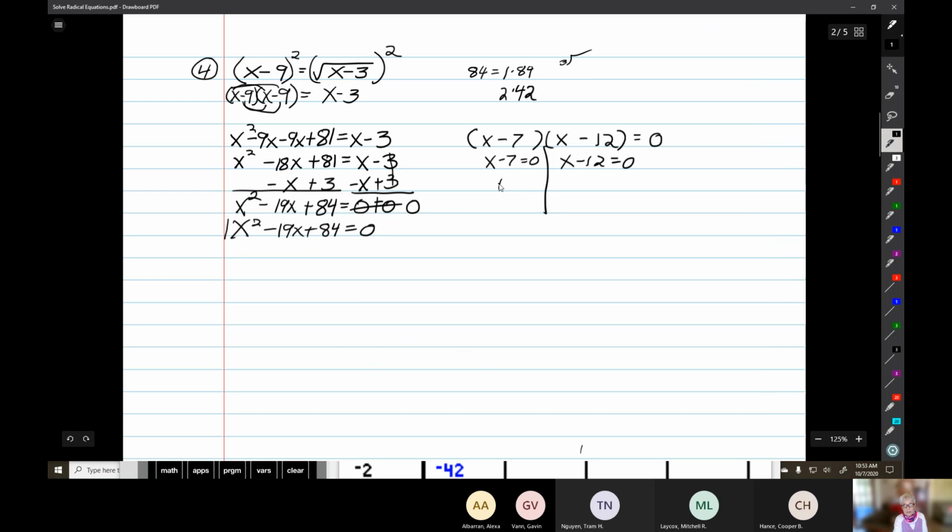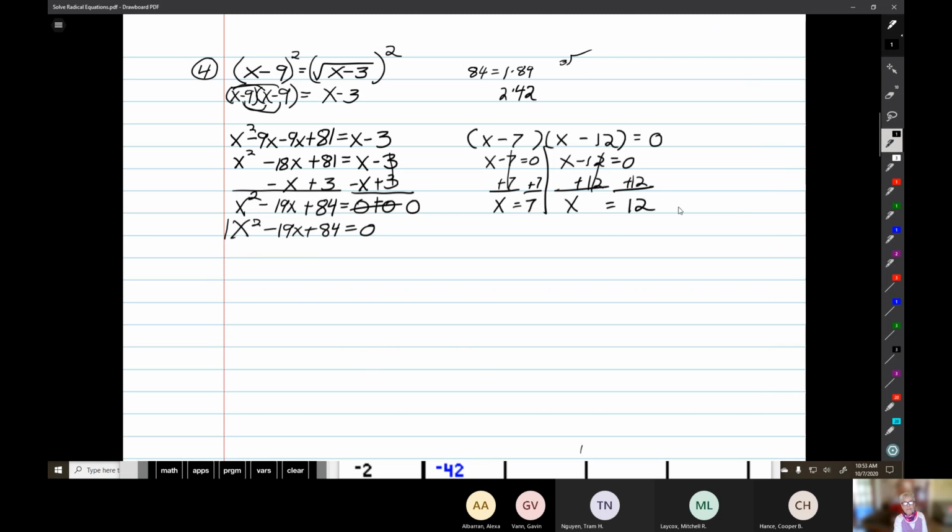Plus 7 plus 7. x equals 7. Plus 12 plus 12. Negative 12 plus 12 is 0, left with an x on the left and a 12 on the right.